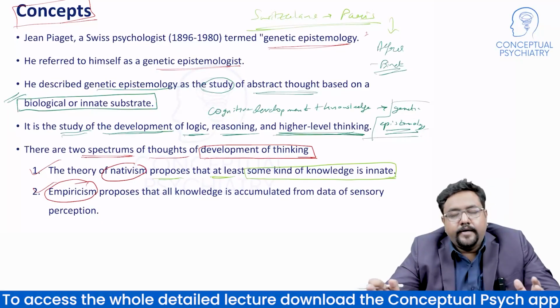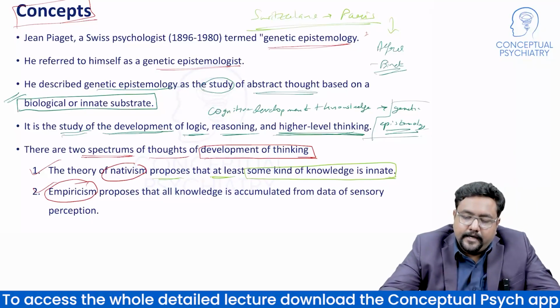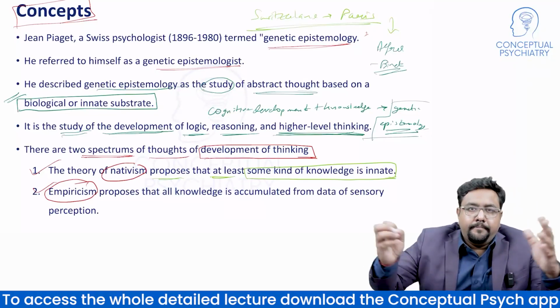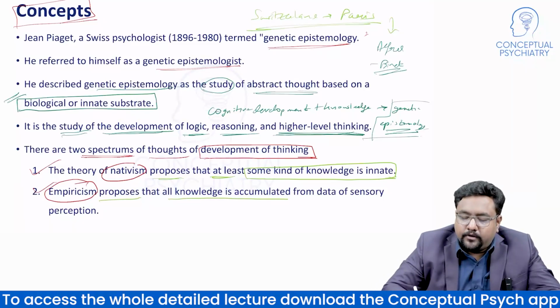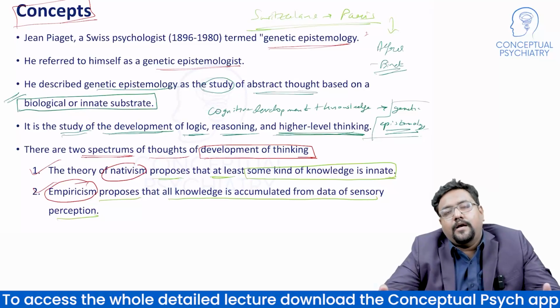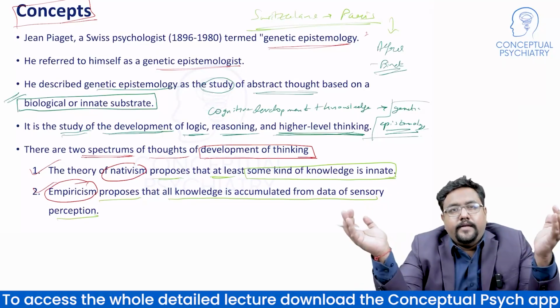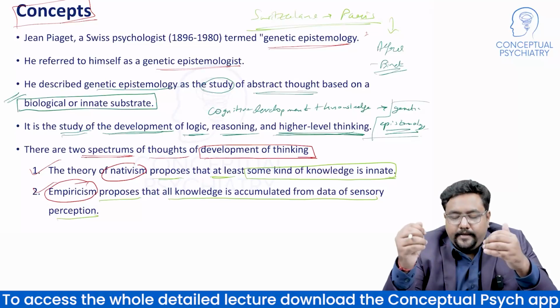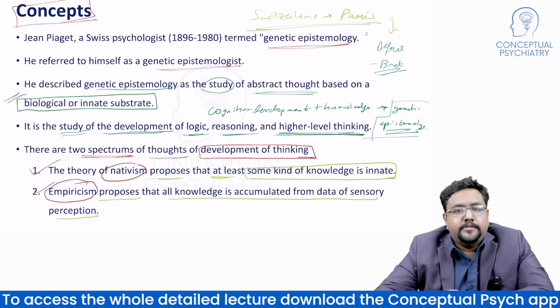So that is the theory of nativism. That is, at least some kind of knowledge is innate, or you are born with it. And empiricism means empirical, right? It proposes that all knowledge is accumulated from data through sensory perception. That is, as the child grows up, from various sensory stimuli, the child keeps on gathering knowledge, and that is how the theory of empiricism came up.